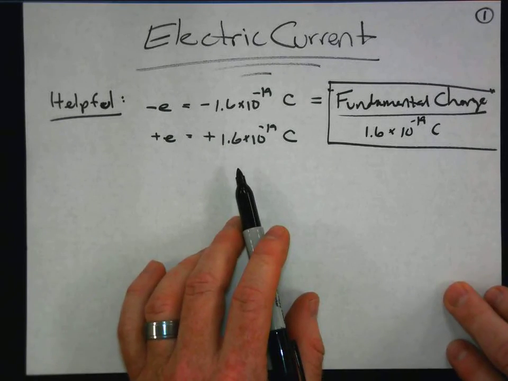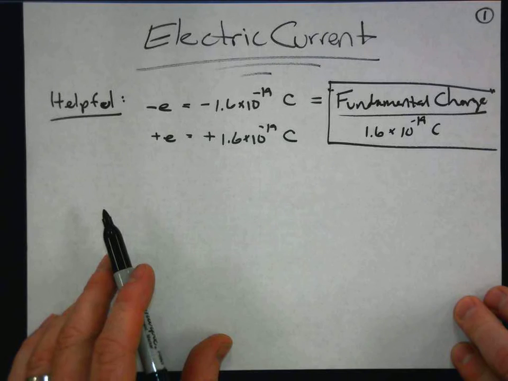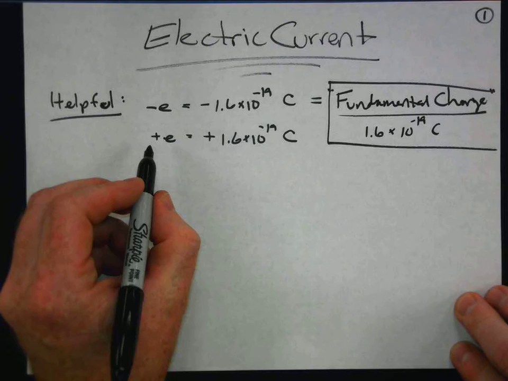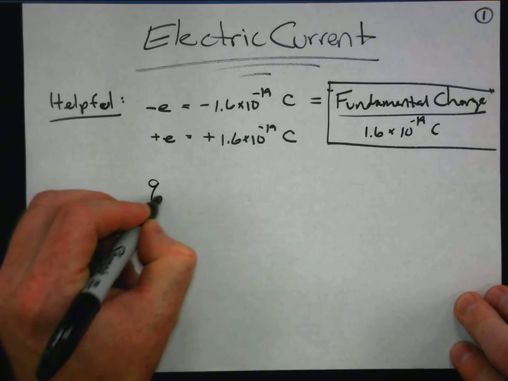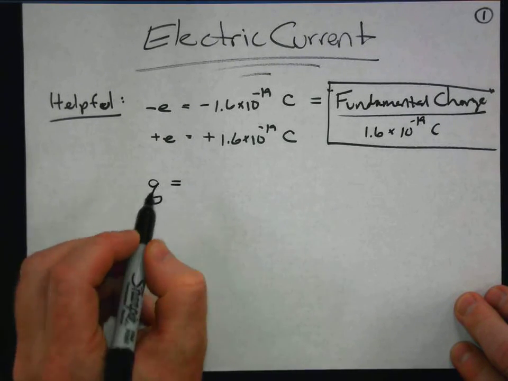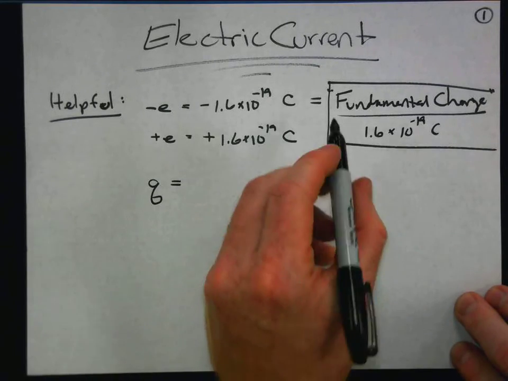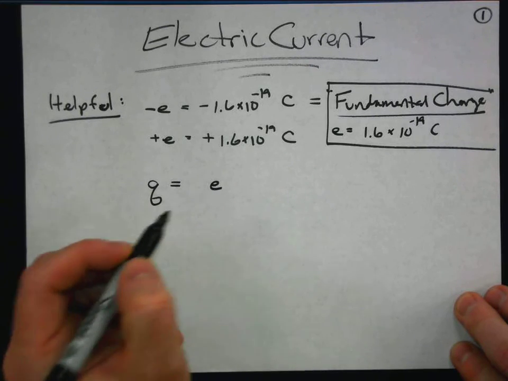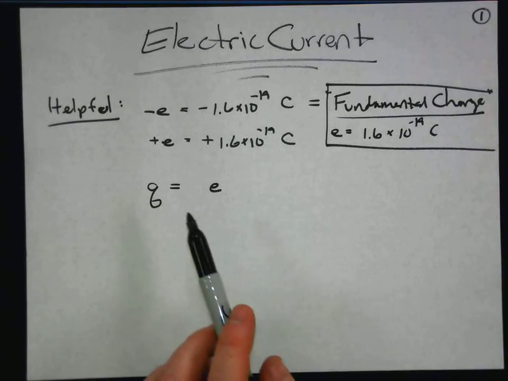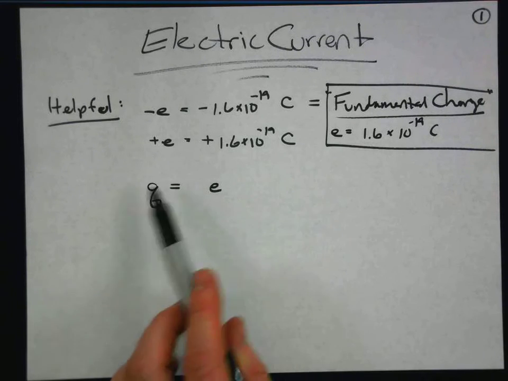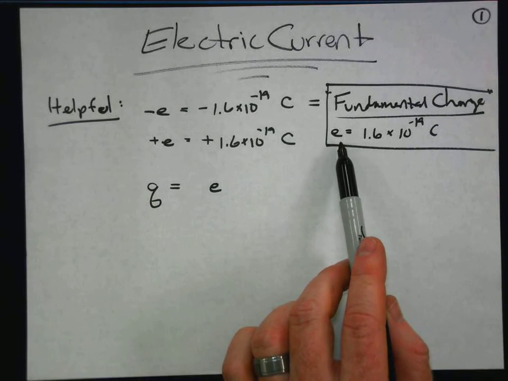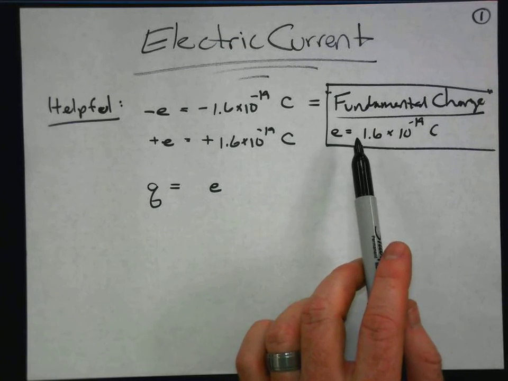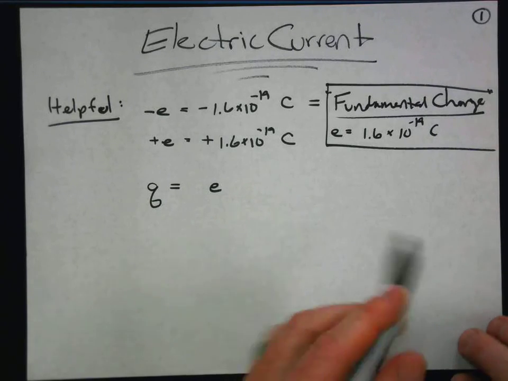Okay, now this is an interesting thing, this fundamental charge, because we can relate the amount of charge of an object, Q, to that fundamental charge, e. We can simply say the amount of charge that an object might have depends on how many electrons it contains, or how many unbalanced electrons it contains, how many extra or fewer electrons it contains.